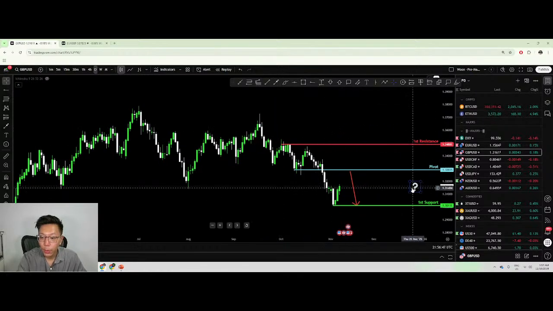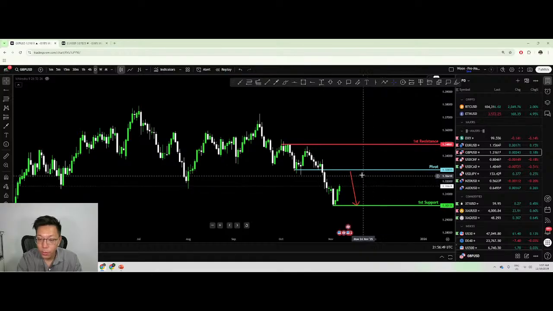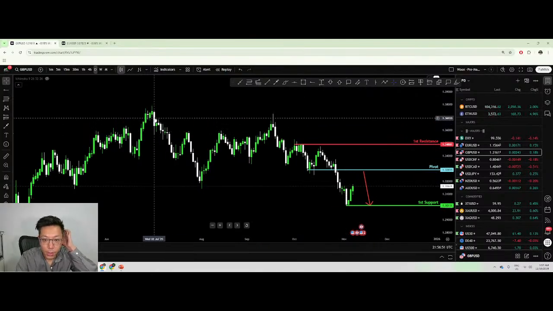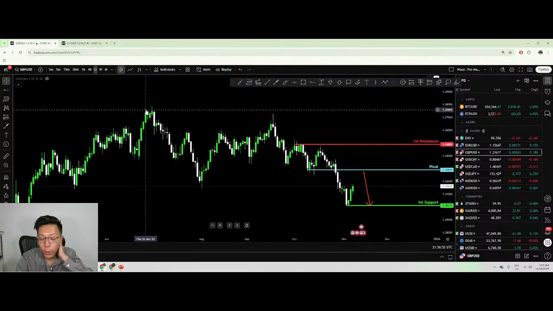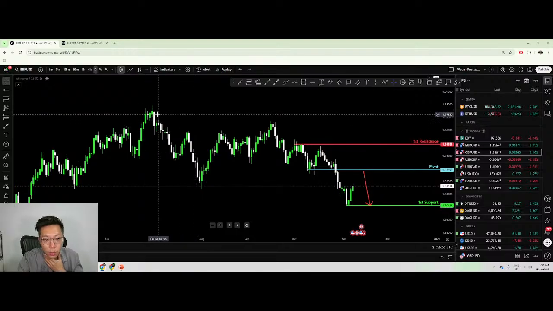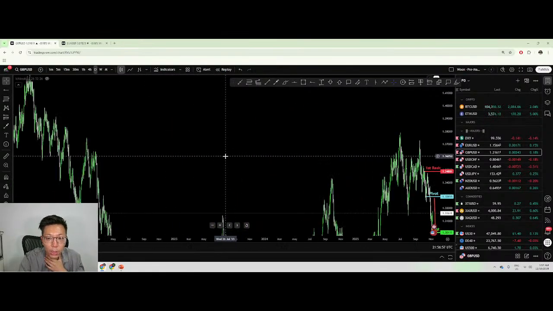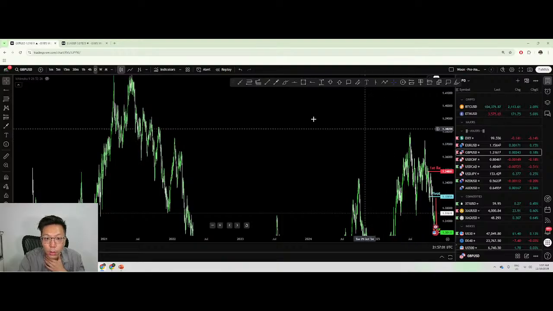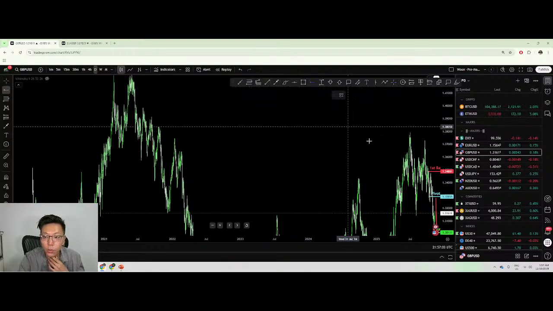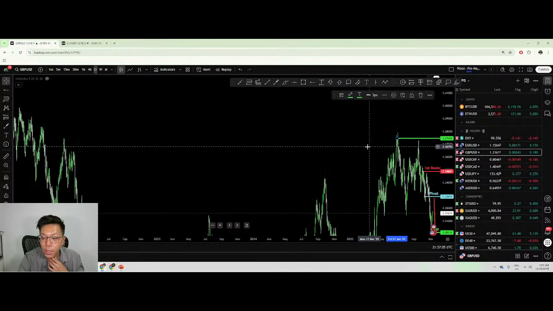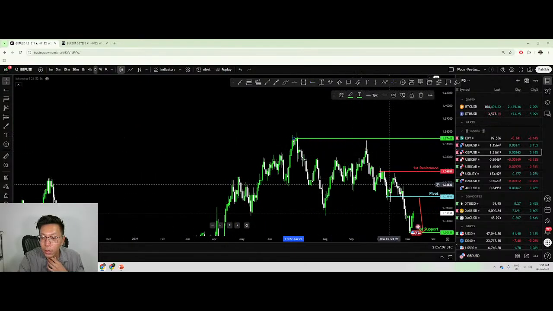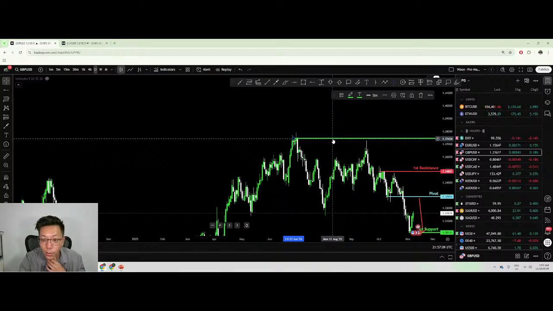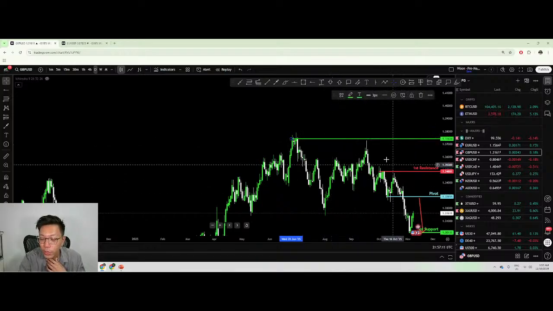Alright, we want to keep it a little bit simpler, right? If you place it all above here, your stop loss will take quite a huge hit. So if you were to enter sales over here, it will take a very long time for price to actually reach this area.